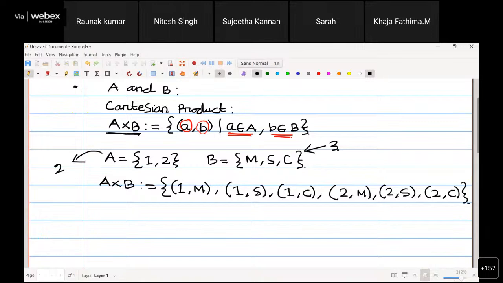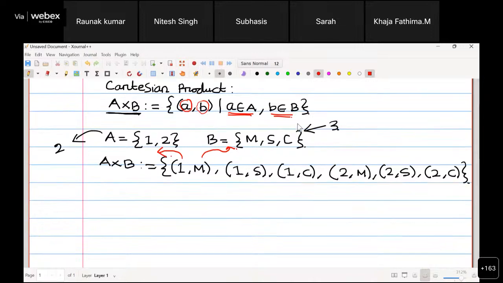So basically these are the elements, because as you can see in all the elements the first component comes from set A, okay, and the second component of all these pairs comes from set B. So these are the possible elements of A cross B. Here the cardinality of set A is 2 and the cardinality of set B is 3.